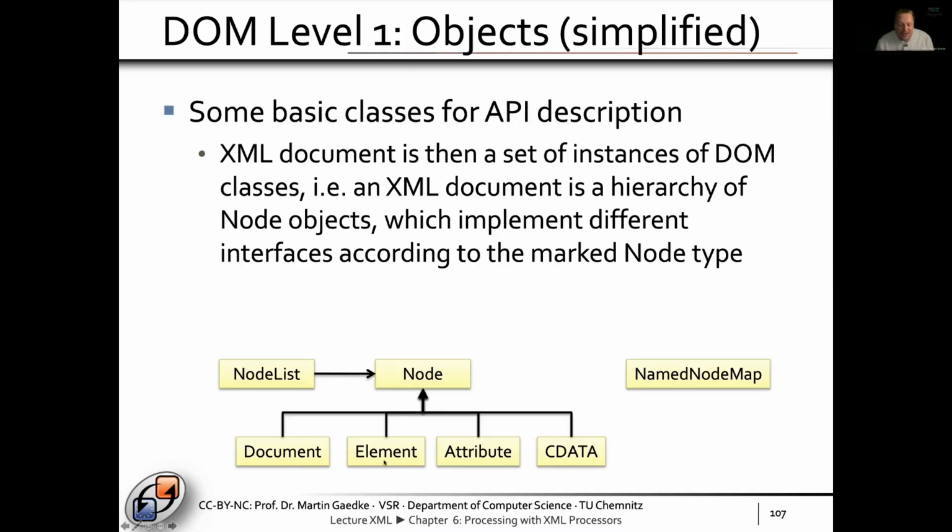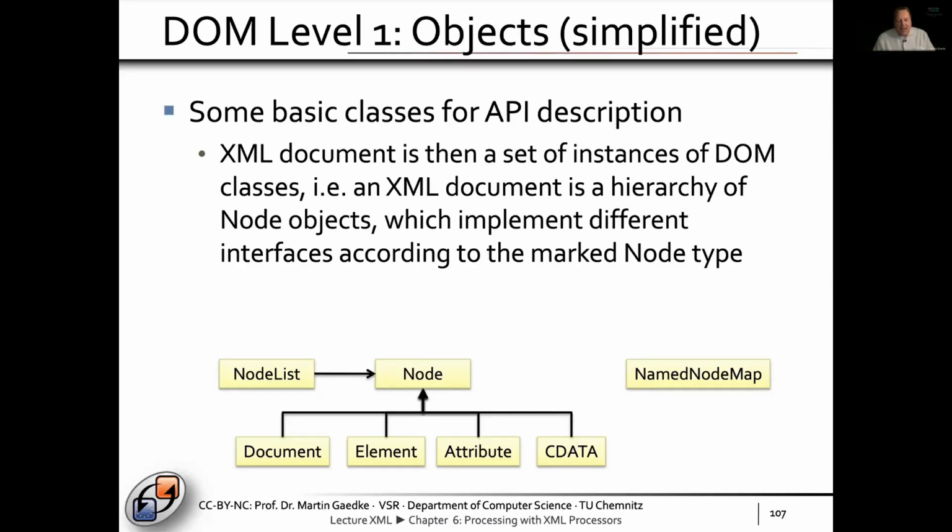Each element might have a set of attributes, a list of attributes. A node list might be the best term to represent that. And an element, if the content model allows for it, can have character data.